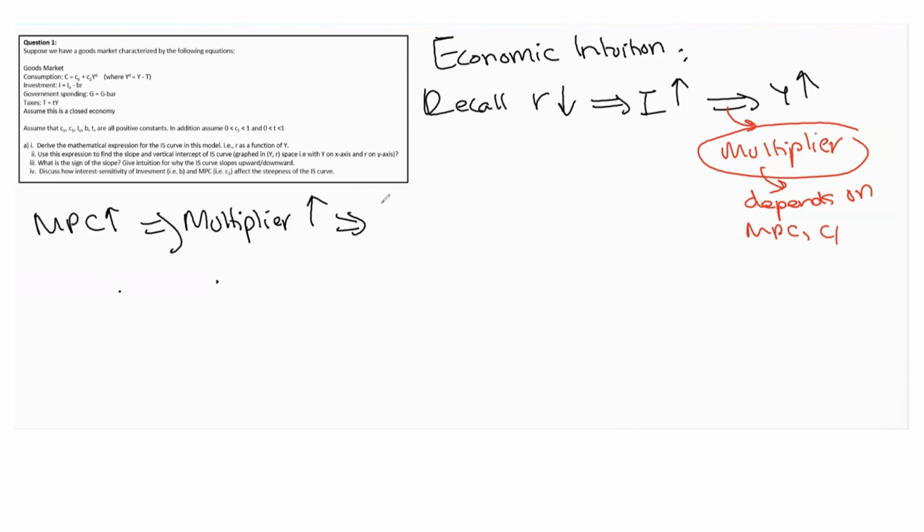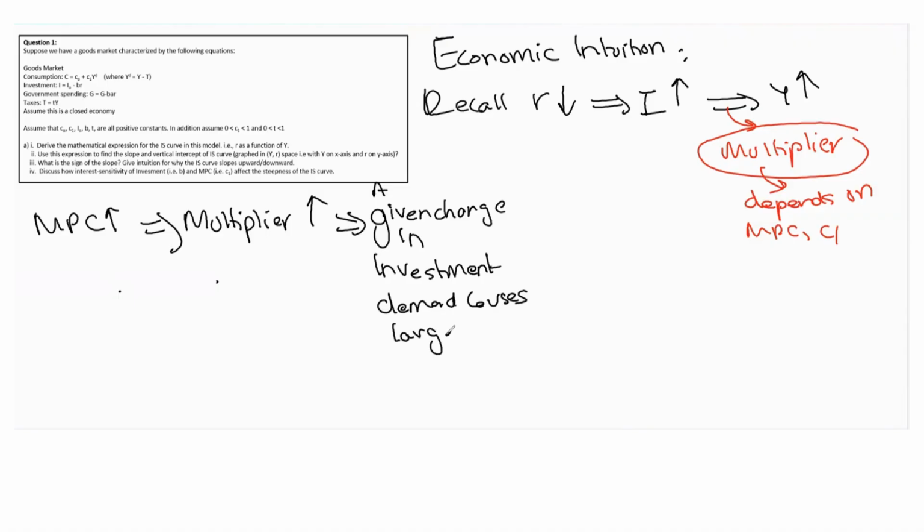So the multiplier increases, which means a given change in investment demand causes a larger increase in output. And hence, when for a given change in interest rate we have a large increase in output, we have a flatter IS.